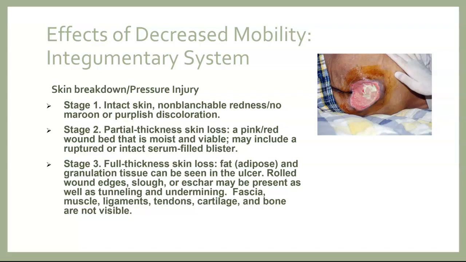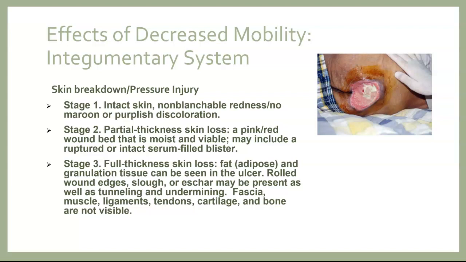Stage 2 is a partial thickness skin loss, a pink-red wound bed that is moist and viable. So that means that it's still healthy at this time. And then it may include a ruptured or intact serum-filled blister. Stage 3 is full thickness loss, that is when the fat or the adipose tissue and the granulation tissue can be seen in the ulcer.